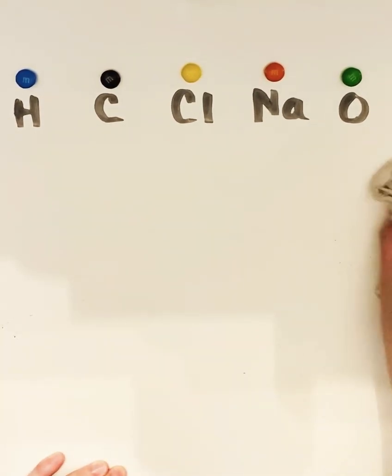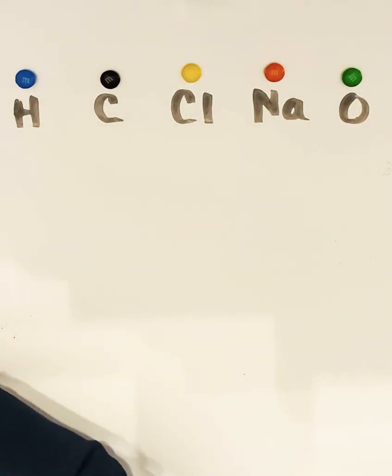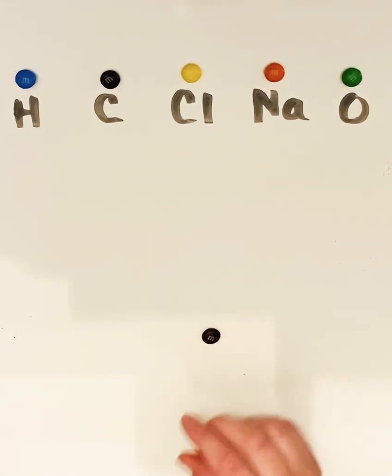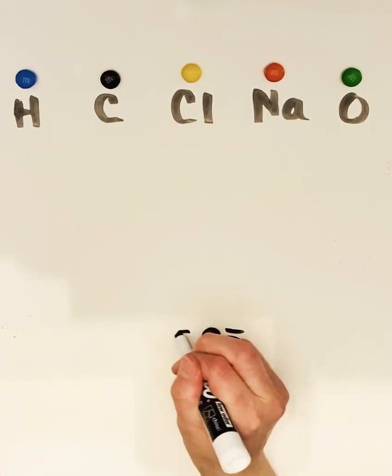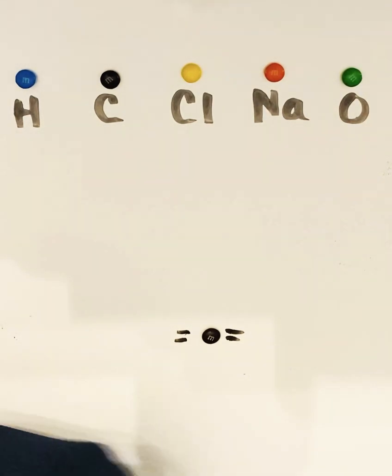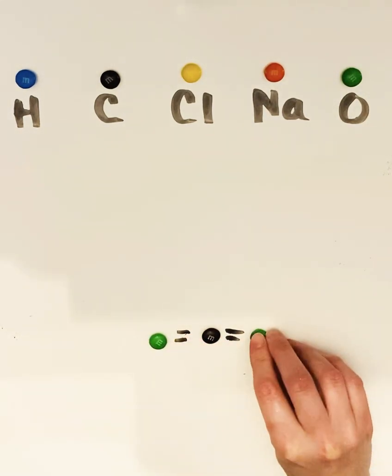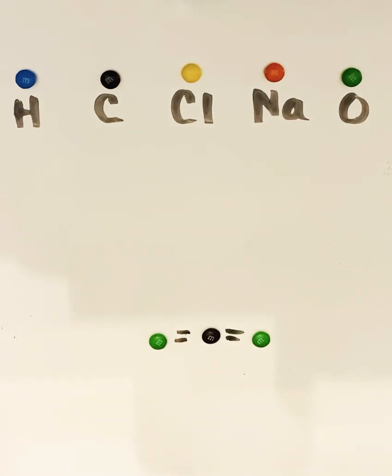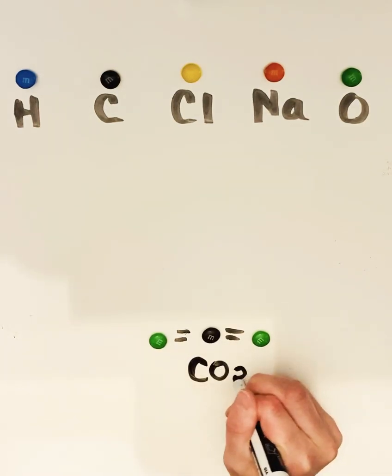All right. So if I were to use my little candies to represent a carbon dioxide molecule, I would just use 1 brown M&M. And then I would draw my little double lines. And I would have my 2 green M&Ms for each oxygen, okay? So that's my CO2 molecule.